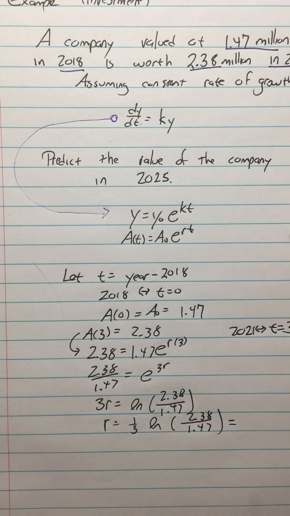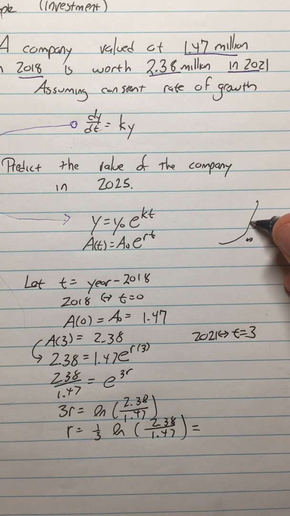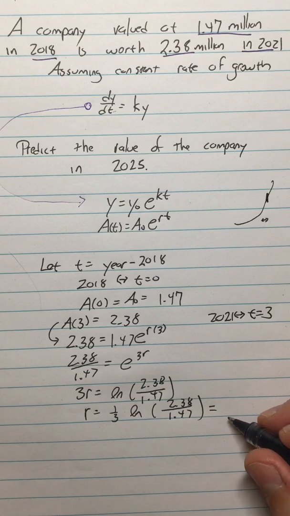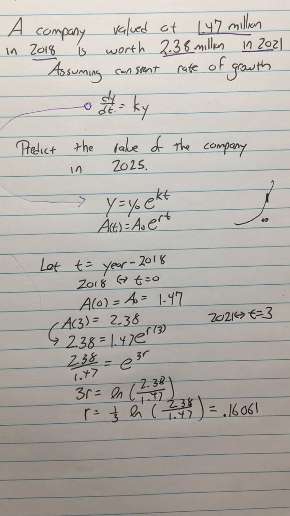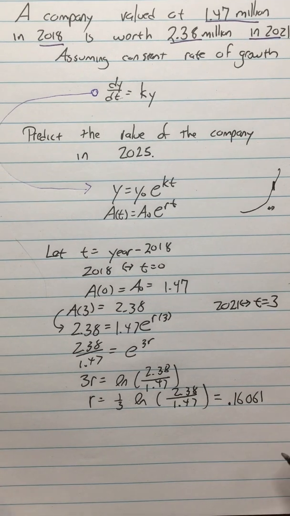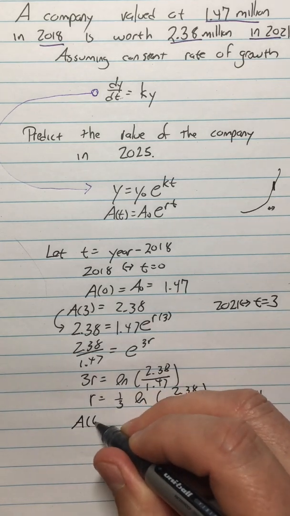Exponential functions grow very rapidly. That means if I make a very small change in the t, or if I get the r slightly wrong, I'm going to end up with a huge difference in outcome. So I'm going to write down 5 decimal places here, 0.16061. But when I go to actually calculate it, I'm going to use the values in the calculator because that will be even more accurate.